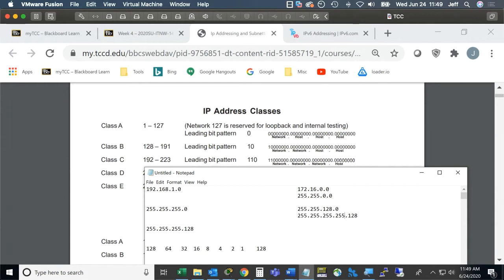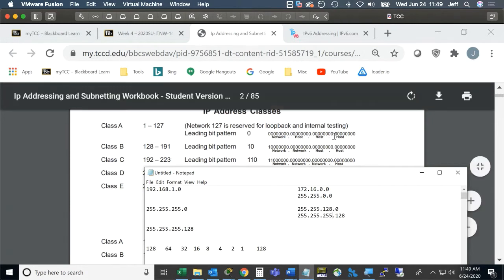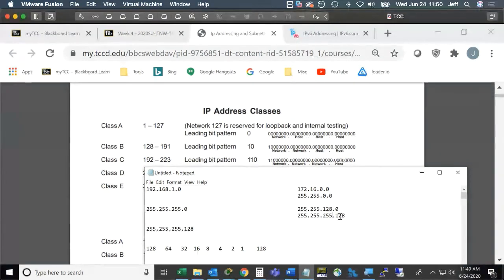Oops, one too many 255s. Is that making sense? Because I take the first 8 of that third octet, and then 1 bit of the 4th octet. So the third becomes 255, and the 4th becomes 128. Yeah. Okay. Good.